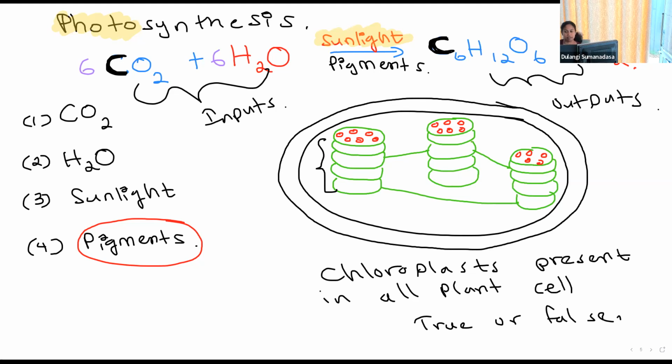So the chloroplast is the organelle we need for photosynthesis. Photosynthesis relies on the sunlight, synthesizing glucose by trapping the light. So the question is, can every plant cell undergo photosynthesis? I gave all these answers last year.